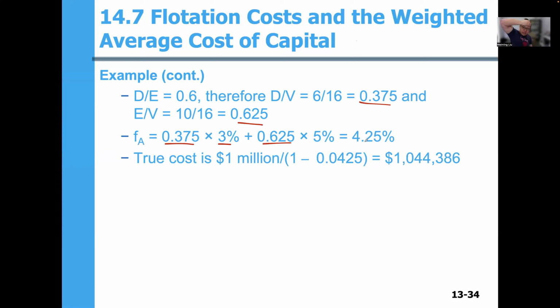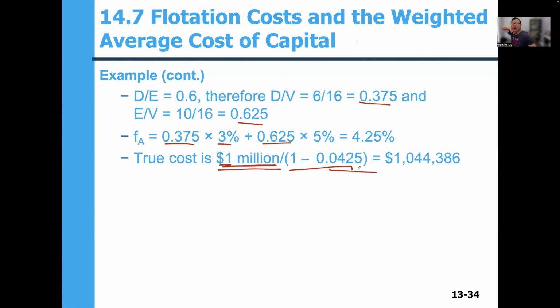The true cost is not 1 million, right? The 1 million is just the cost you are issuing, but it also costs you money to issue these things. So what happens is you're going to use the actual cost. The 1 million is the cost other than the flotation cost, so this is the percentage of the non-flotation cost.